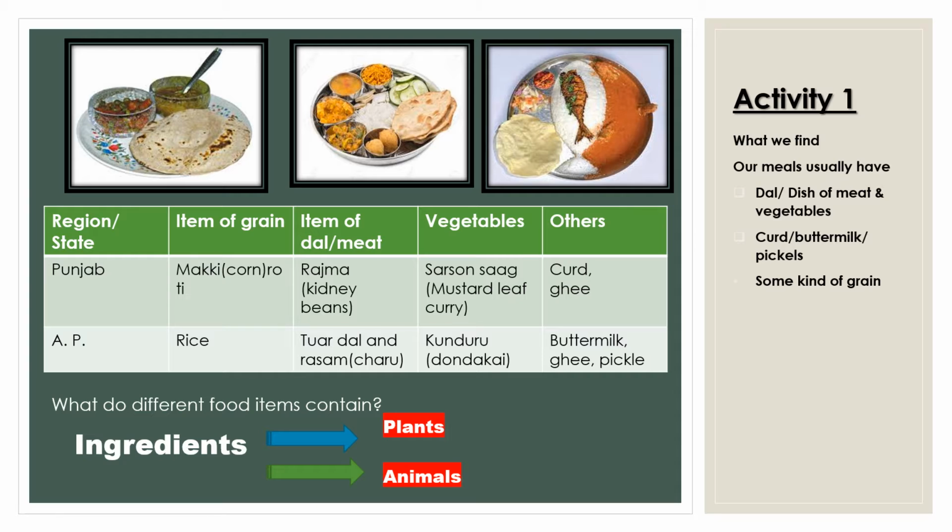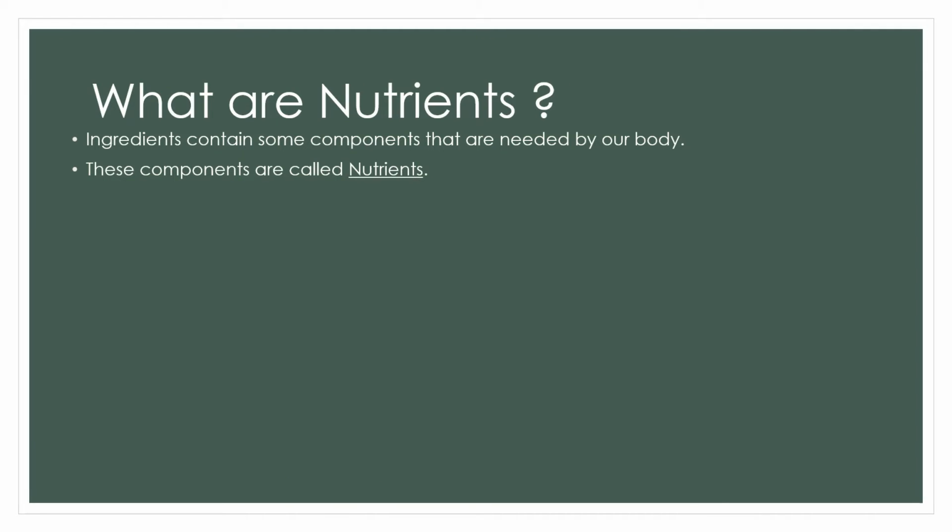And what do different food items that we eat contain? All these ingredients, we get either from plants or animals. We discussed earlier that plants and animals were the sources of our food. Now, these ingredients contain some components that are needed by our body, and these components are called nutrients.